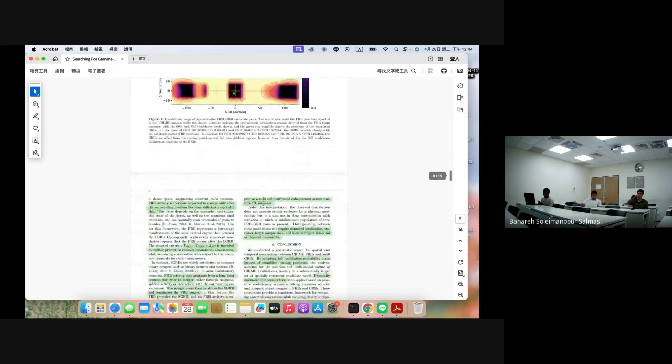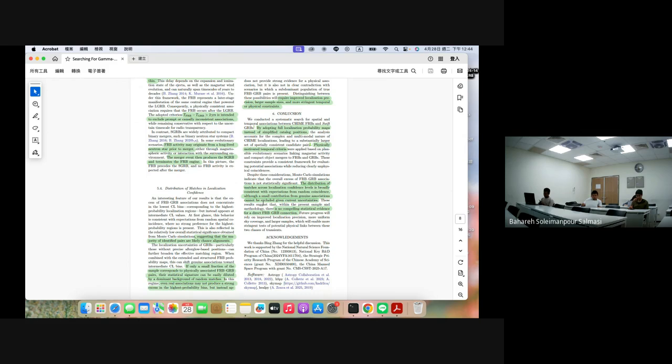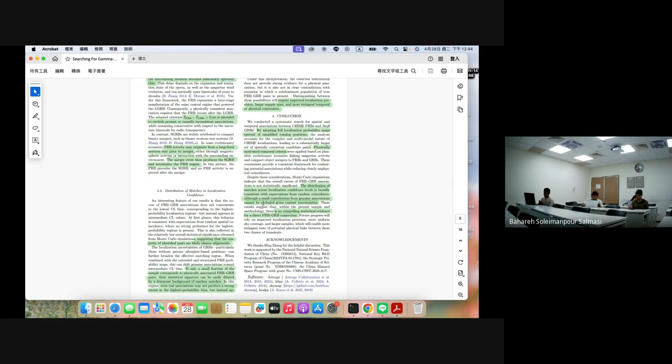So let's go to the conclusion. In this paper, they adopt full localization probability maps instead of a simplified error ellipse from localization uncertainty. They also consider physically motivated temporal criteria. They also ran MCMC, so they have 26 pairs, but random simulation will produce a similar number and distribution.